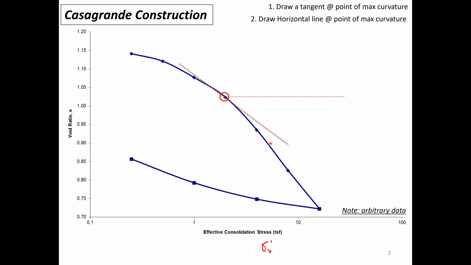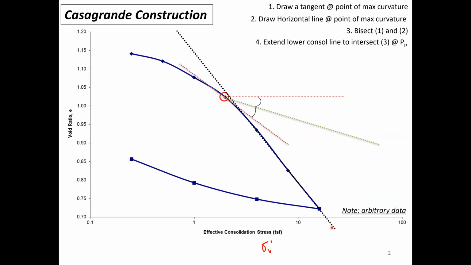Next, you will draw a horizontal line through that particular point. Then you will bisect the angle between the two lines that we previously mentioned, which is the green line here. So the green line should give you two equal angles, upper and lower, to the two lines previously established. After that, we mentioned the virgin compression part, which is the compression line here, the black line.